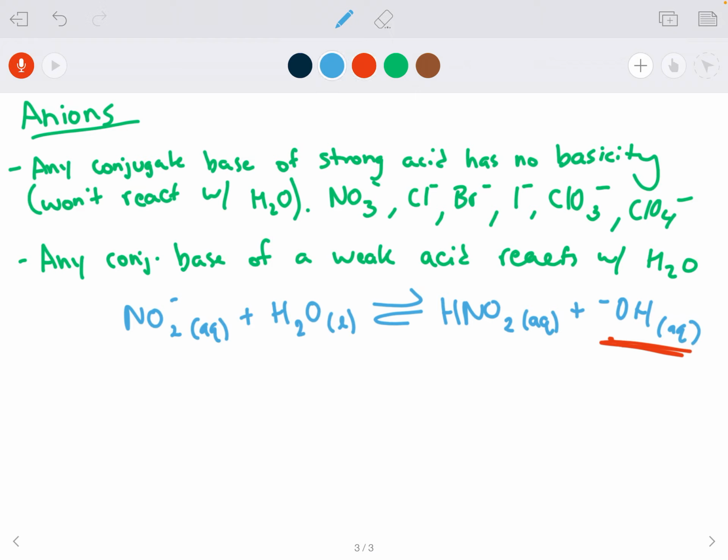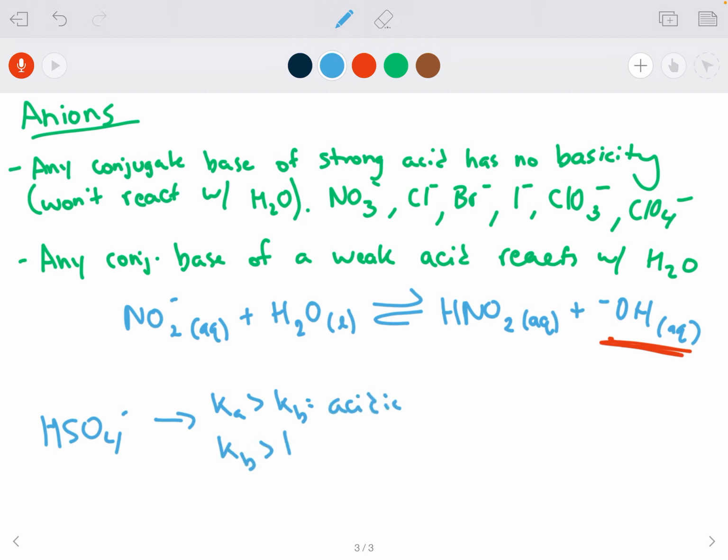Now, like I mentioned with the bisulfate, HSO4 minus, if a weak base has an ionizable proton, determining whether it's going to be acidic or basic has to do with the relative strength of the Ka versus the Kb. So for this, if Ka is greater than Kb, it'll be acidic.